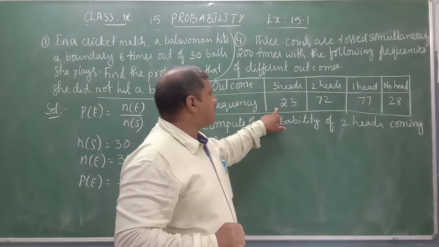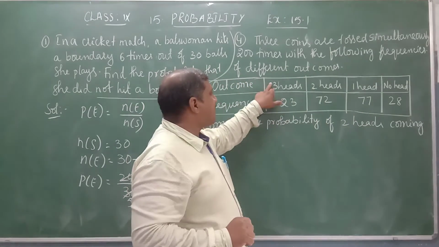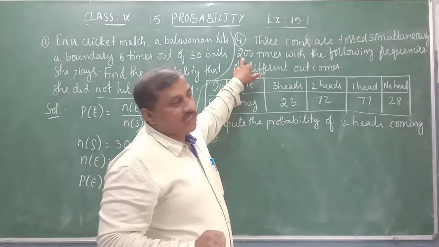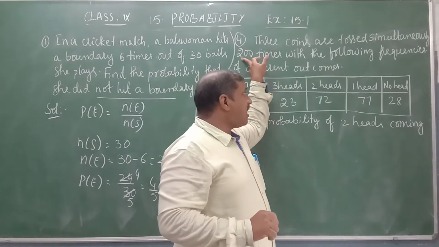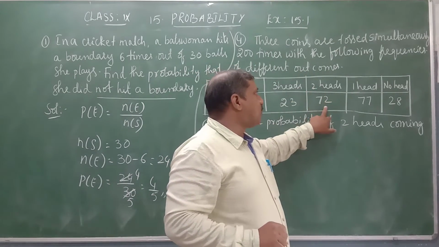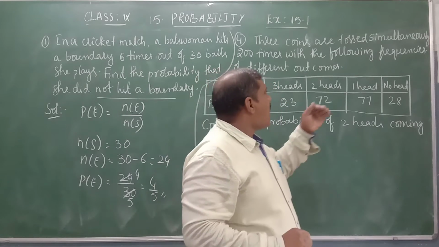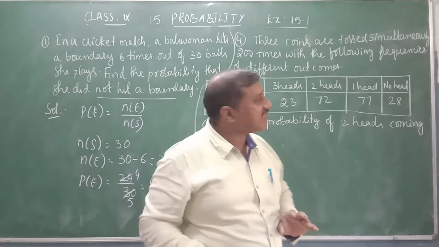Frequencies 23, 72, 77 and 28. It means 3 heads appeared 23 times when the 3 coins were tossed simultaneously 200 times. Similarly 2 heads appeared 72 times, 1 head appeared only 77 times, and no head appeared 28 times.